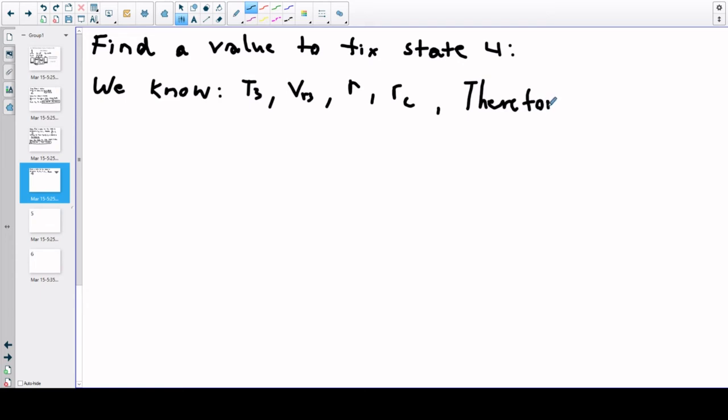I'm liking using fancy words like therefore. Don't want to distract you with the $5 words here, but VR4 over VR3 is equal to R over RC. I think I paused here to make sure I was right. Oh, it's the other way around.